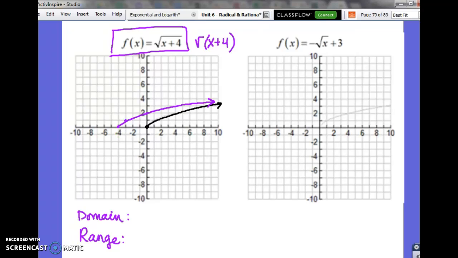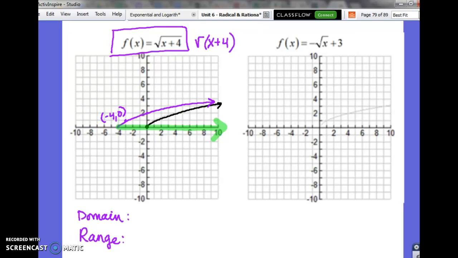So the point of origin on this graph is the point (-4, 0), because it's been shifted to the left 4 units. So my domain starts at -4 and goes to the right forever.